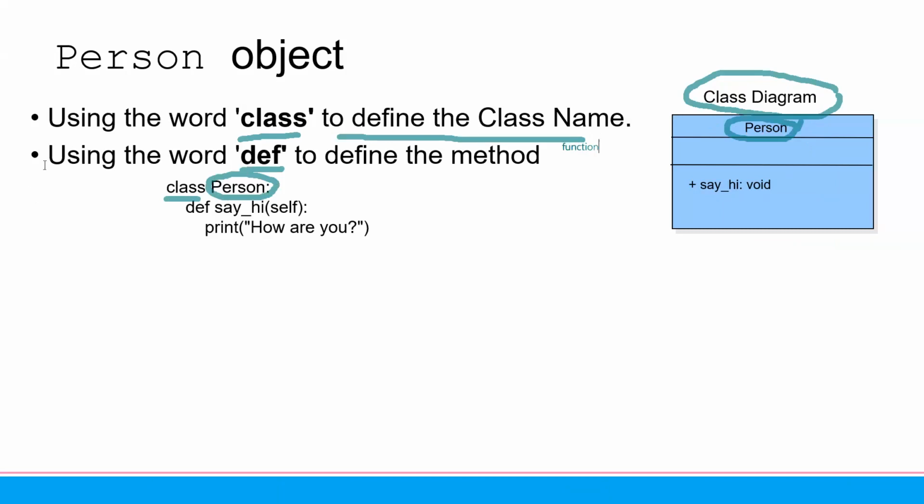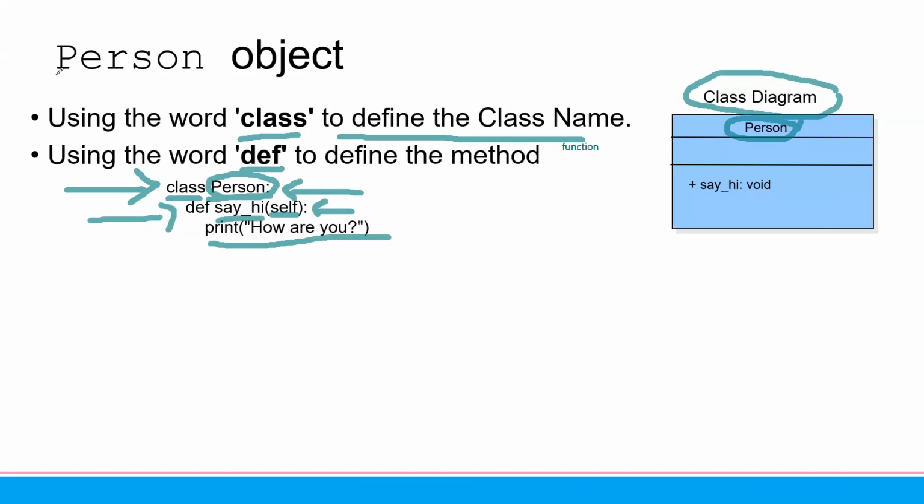So if we have one class, class person, we define the class, the class name is person, and then we put the colon. And then we have the function. The first function is say hi. And then we have self. I will explain what is the meaning of self. And then we have the colon because it is a control structure. And then we have the statement print, how are you?